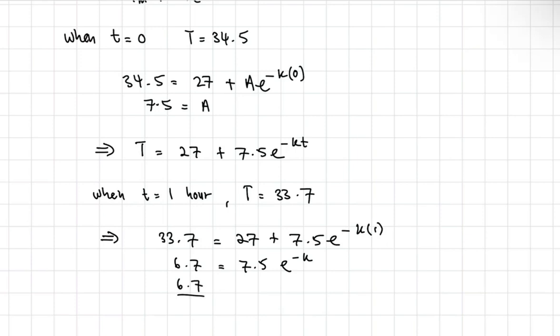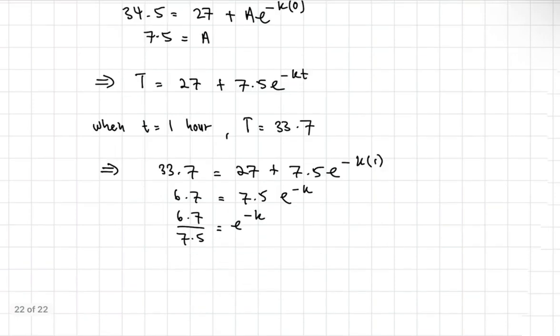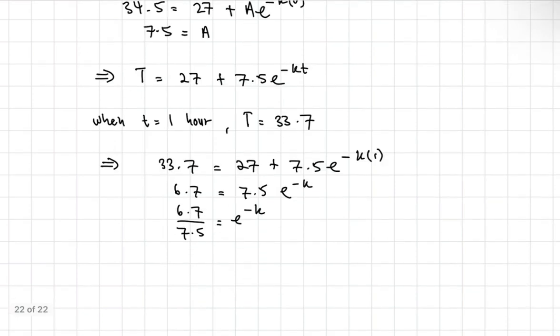6.7 divided by 7.5 equals e to the power of minus K. So take ln on both sides. ln of 6.7 divided by 7.5 is negative 0.112795, equal to minus K. So K is positive 0.112795.